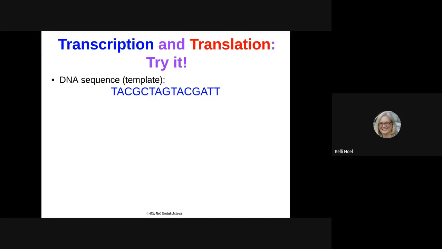So if I wanted to turn this into RNA, what would I want to do?